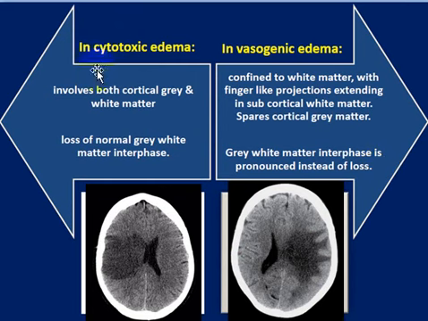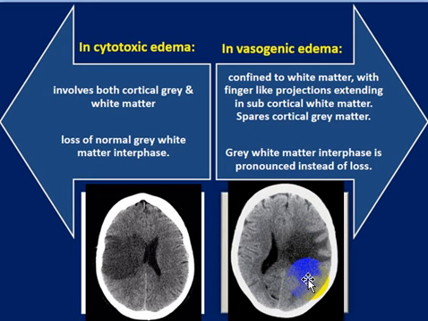In cytotoxic edema, both the gray and white matter are involved, as we see here in this infarction patient, and there is loss of the gray and white matter interface.